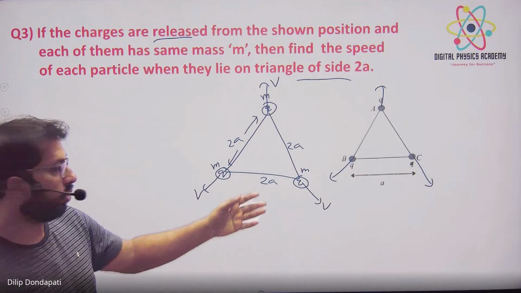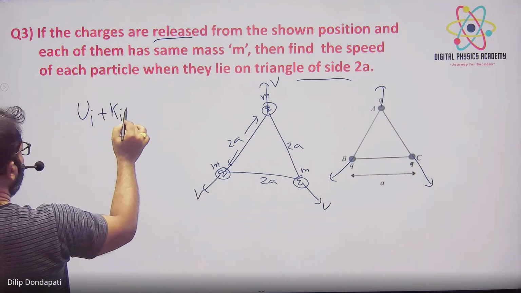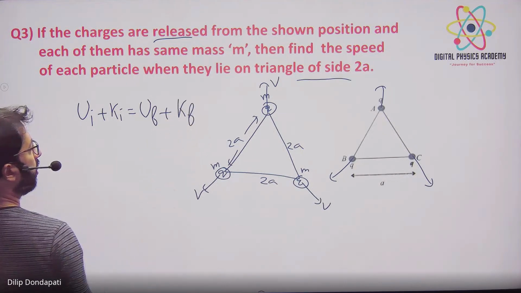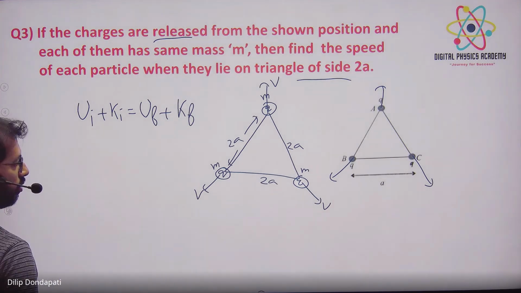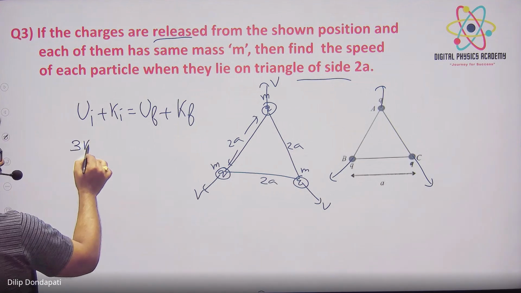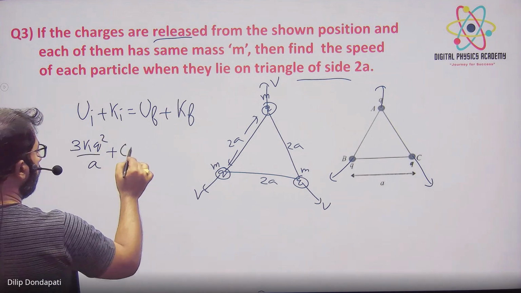So what is the conservation of mechanical energy? Ui plus Ki is equal to Uf plus Kf. We have no friction, no work done by external agent, so definitely we can use conservation of mechanical energy. Initial configuration कितना होगा? 3k q square by a. Initial kinetic energy is 0.